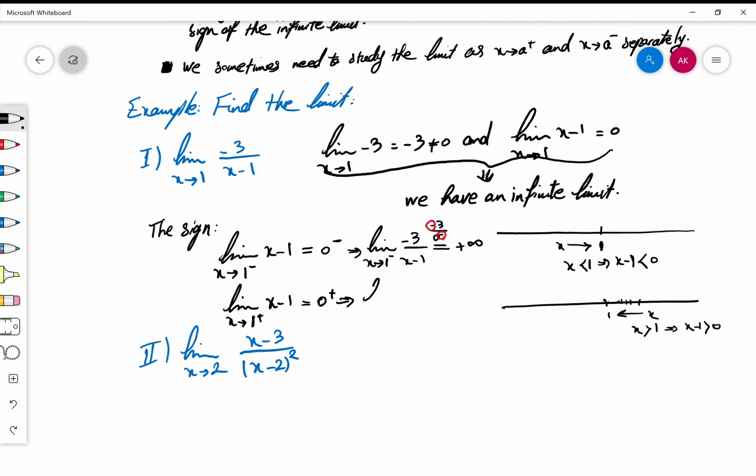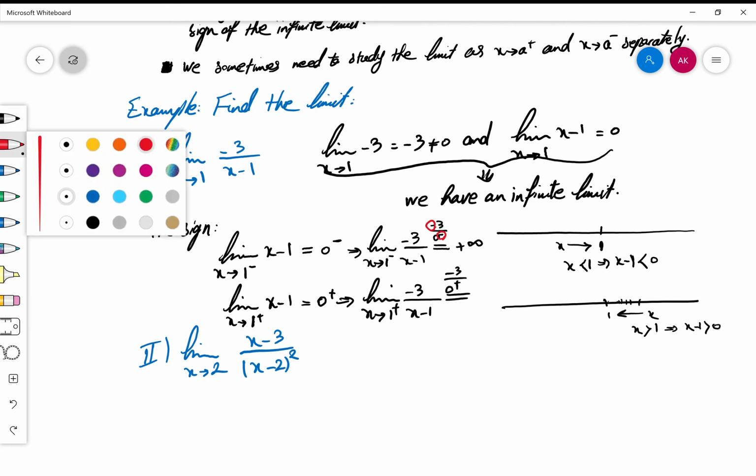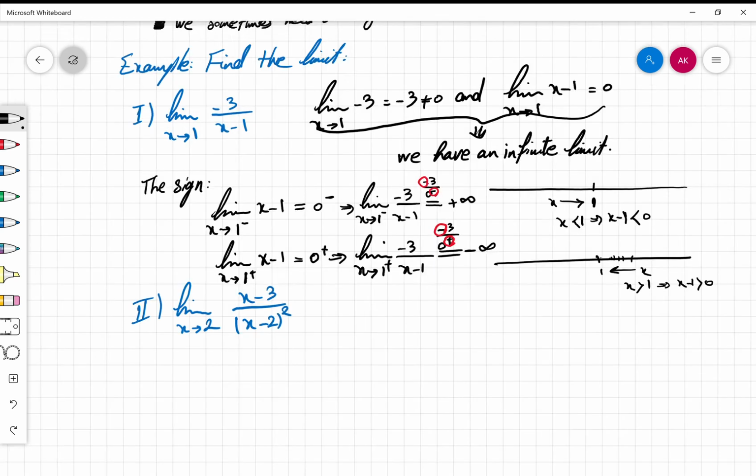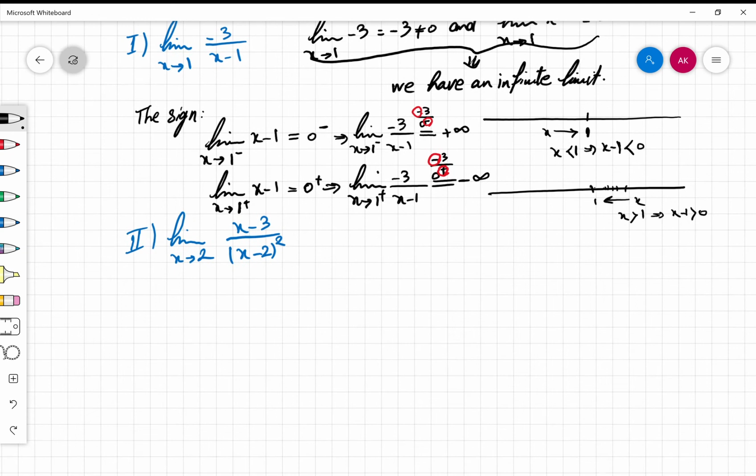That means that the limit as x goes to 1 plus of negative 3 over x minus 1 is negative 3 over 0 to the power plus. So this is positive, this is negative. You multiply, you get a negative sign, and it is infinity. Very nice. That's an example.